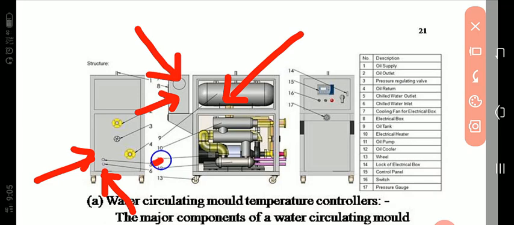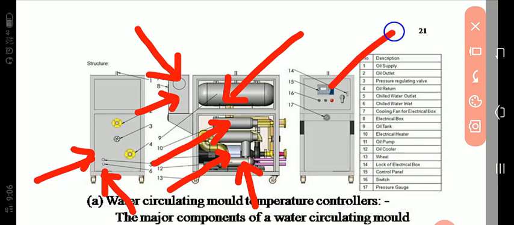This is the electrical heater, and the oil pump. It consists of an oil pump. Oil cooler, this is the oil cooler. And a control panel. This is the control panel.